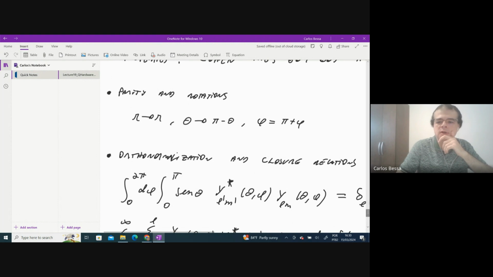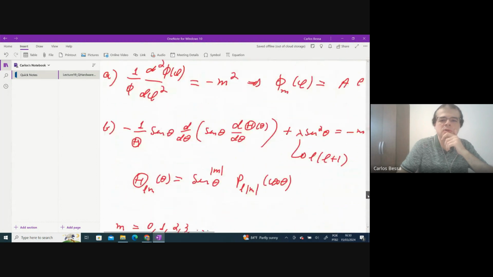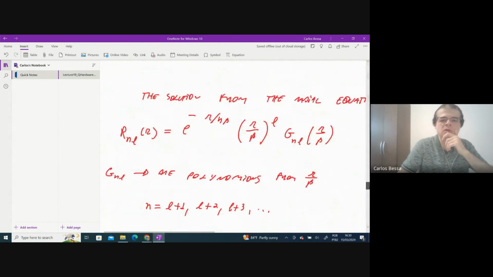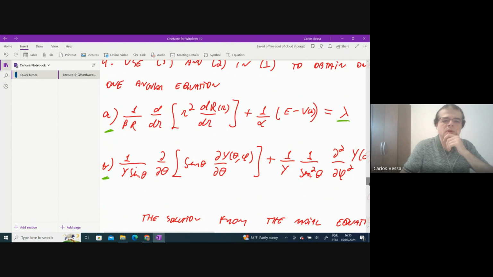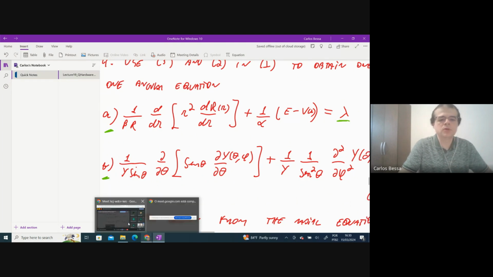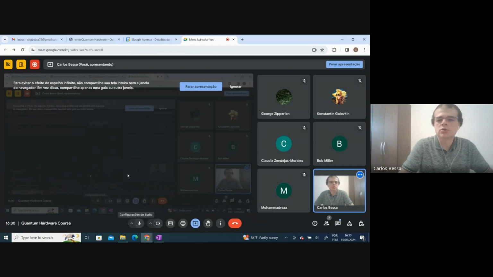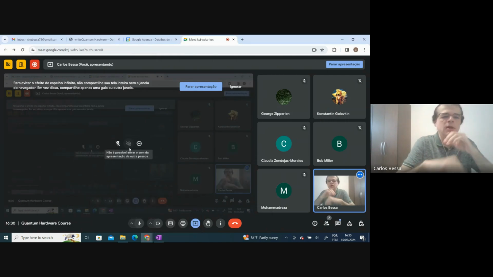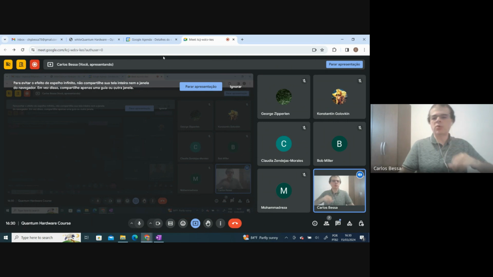Like we see, even though the Schrödinger equation is linear, it doesn't mean that it's always simple to get the solutions, because it's linear in psi, but it's not linear in R. So in general, it will take you some work to have a complete solution, even for simple atoms like hydrogen-type atoms.